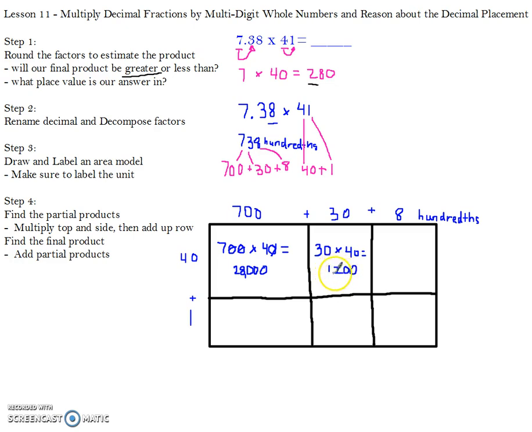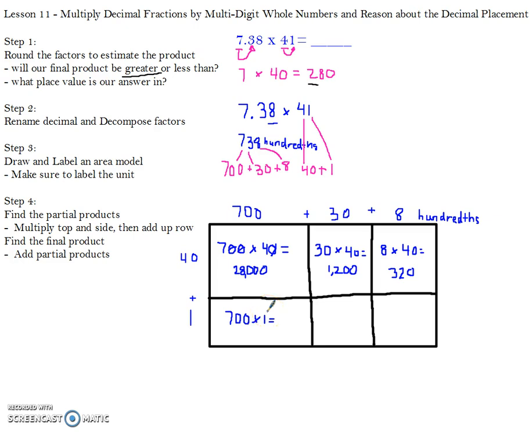So this box is equal to 1,200. Then we have 8 times 40 from the side, 1 zero in my factors, so 1 zero in my answer, then 4 times 8, which is 32. That goes in front of the 0, so my product is 320.